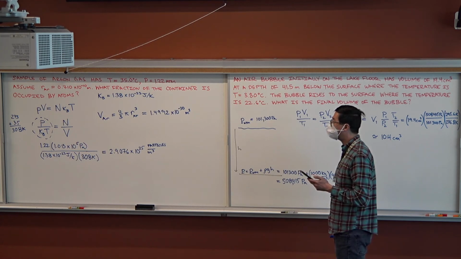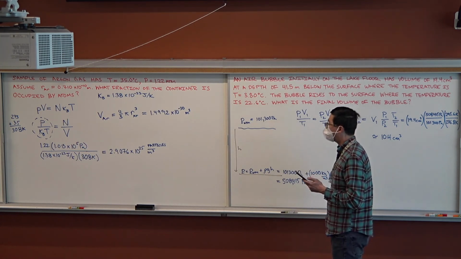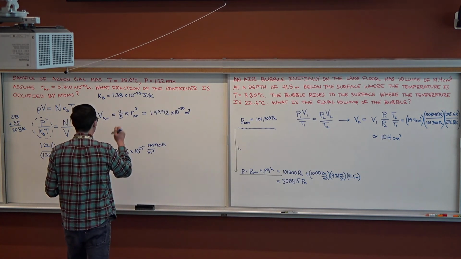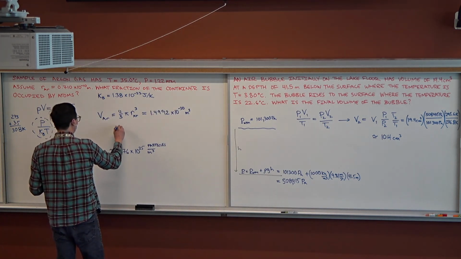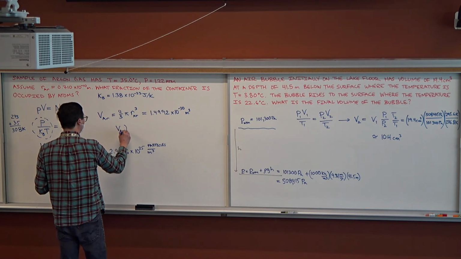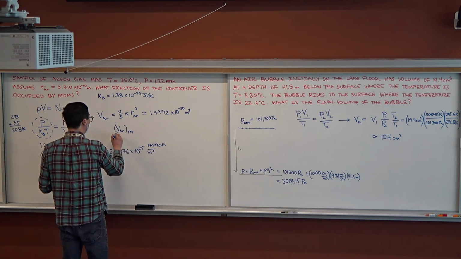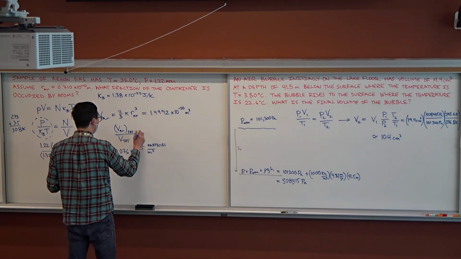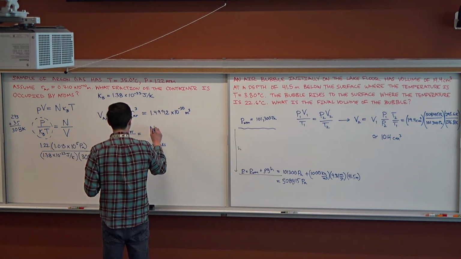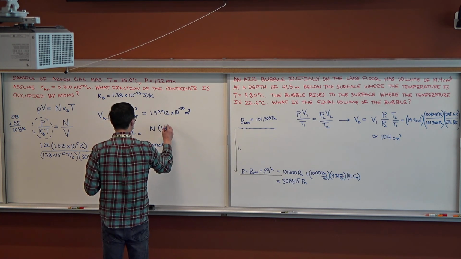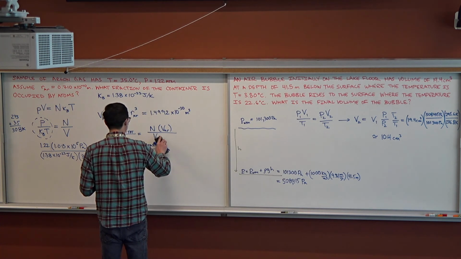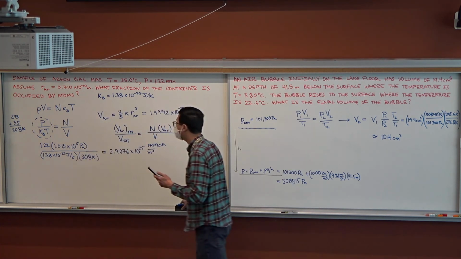And so the fraction of volume is V argon total over V total, but this is also going to be N times V argon over V, right?